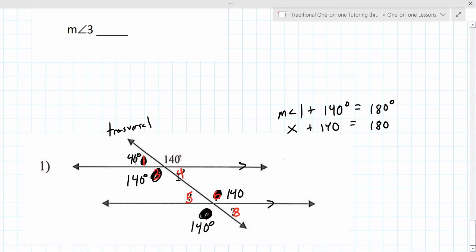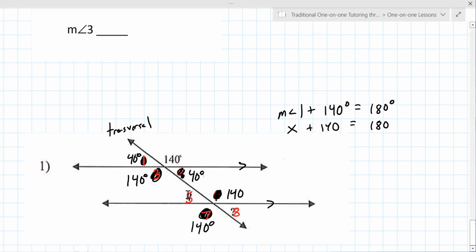I just want the numerical value now. 40. Yeah, because it's a vertical angle with the one on the top left, 40 and 40. Or you could have said it's 140 plus 40 gets me to 180. That would have also been good. There's many different ways to find the answer and they're all good.